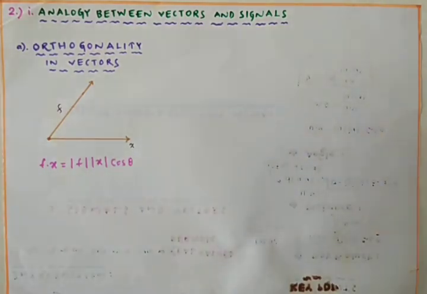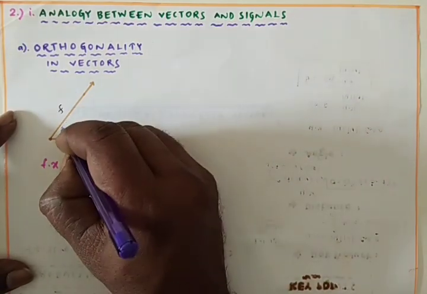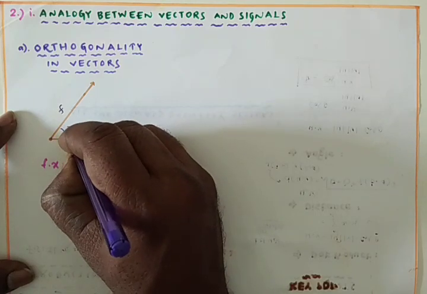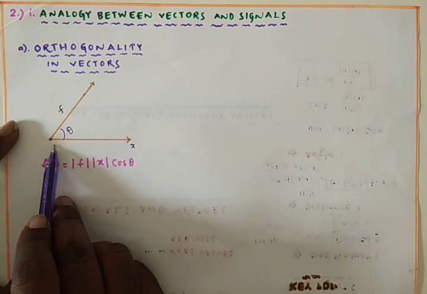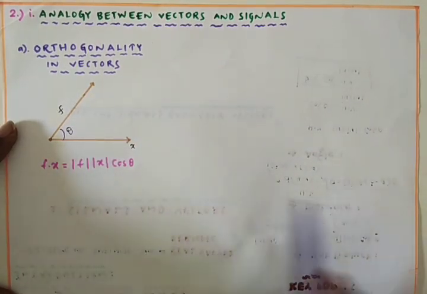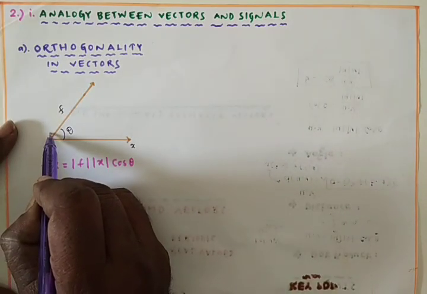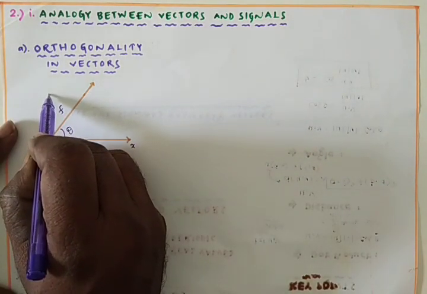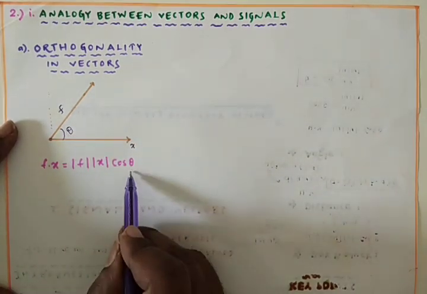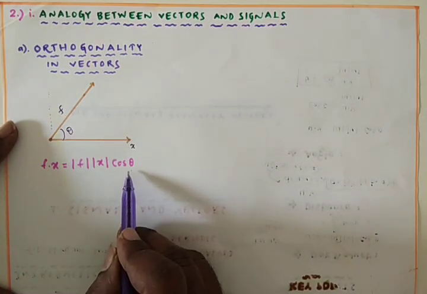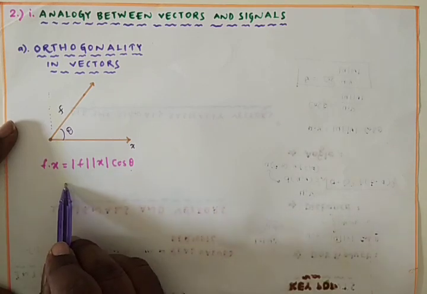Theta is the angle between the two vectors. If these two are perpendicular to each other, then theta is equal to 90, and cos 90 is 0, so f dot x is equal to 0.